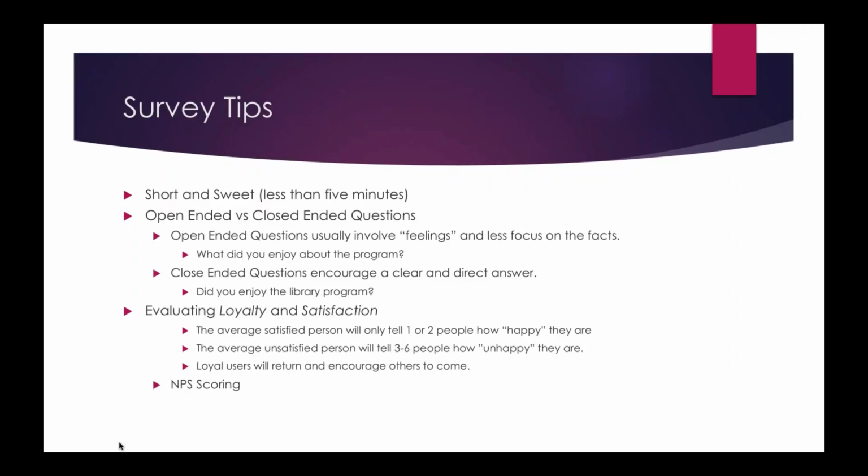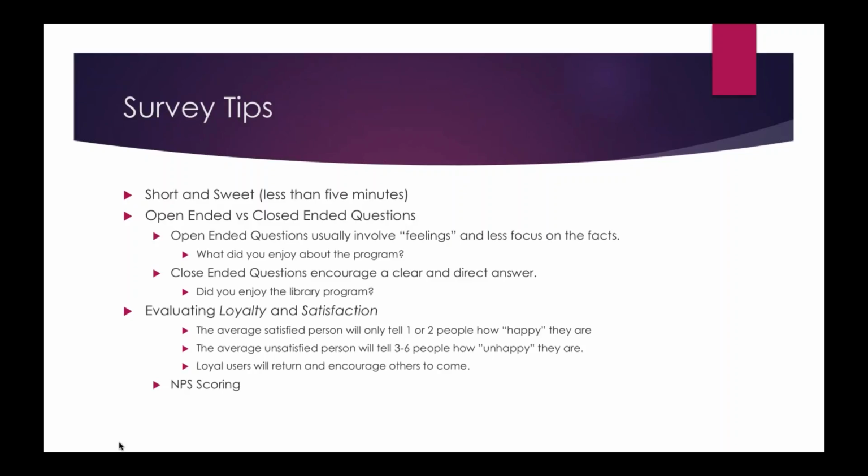You want to keep them less than 5 minutes. Most of your questions should be closed-ended. You want a clear and direct answer so you can run reports off of it. If you use open-ended questions, it usually involves feelings, and it'll be less focused on facts and more about opinions. And you don't want opinions when you're trying to put together a project plan. You want hardcore facts.